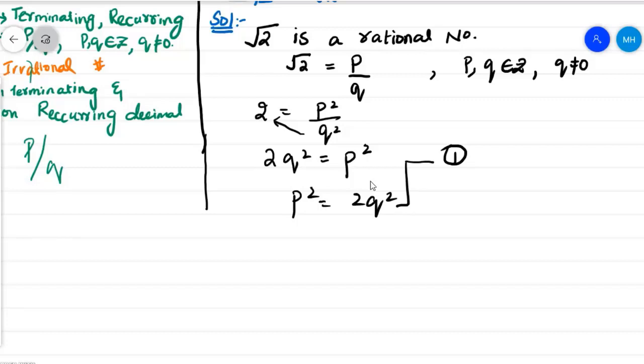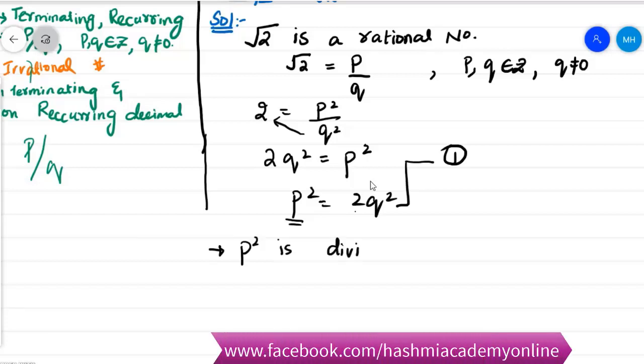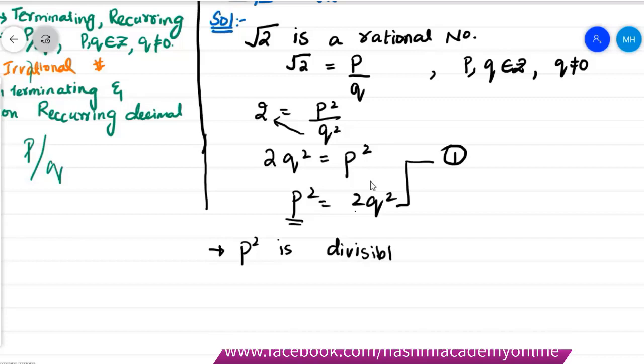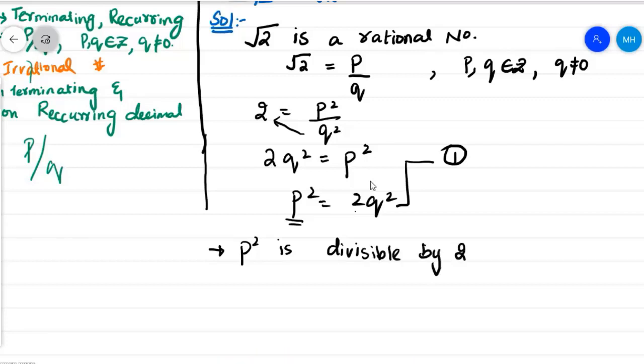Now what will you deduce from this statement? p square is divisible by 2. Now I'm going to write the statements which we can deduce from this equation 1. Statement number 1: p square is divisible by 2, as is clear from here. So if the square of any number is divisible by 2, we can say that p is also divisible by 2, right?